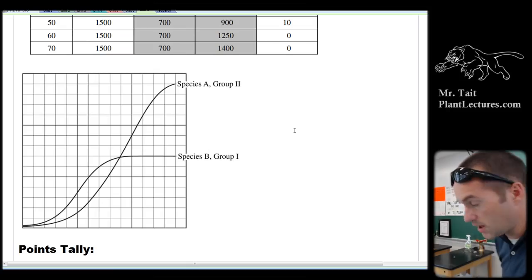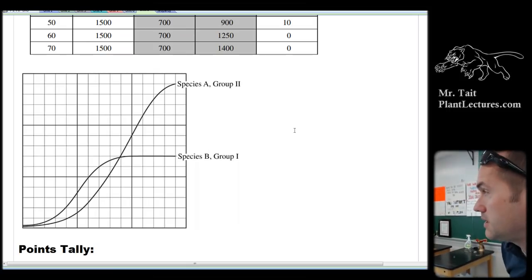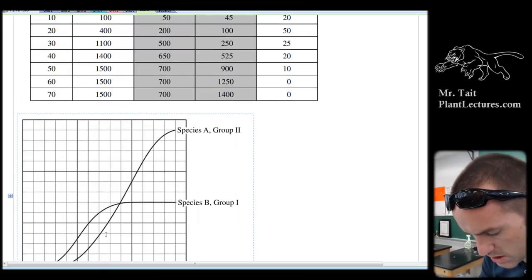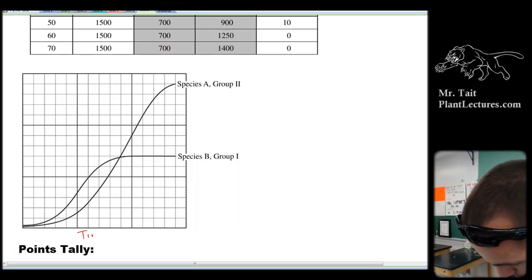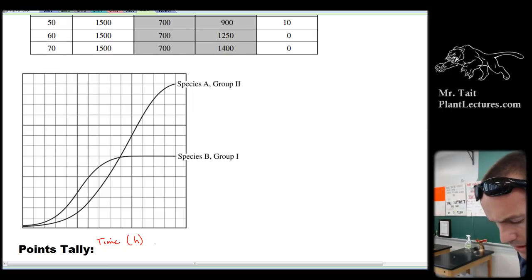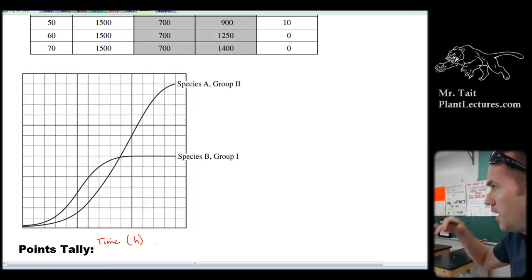So the very first thing that you should have done is determine what these axes are, right? So down here on the bottom, this is the independent variable, which is going to be time in hours. So you should have written time in hours, like that. And then you should have determined what the increments were.